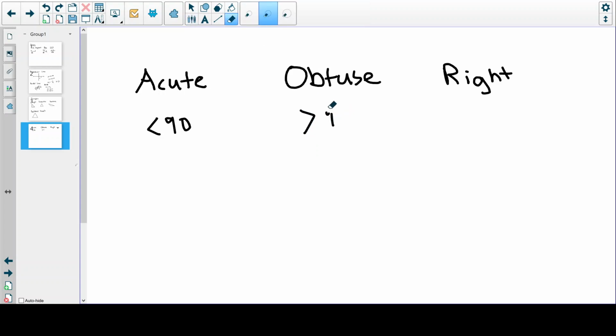So remember, obtuse like big and acute meaning small. And right is going to be equal to 90 degrees.